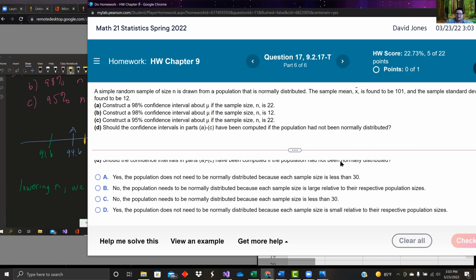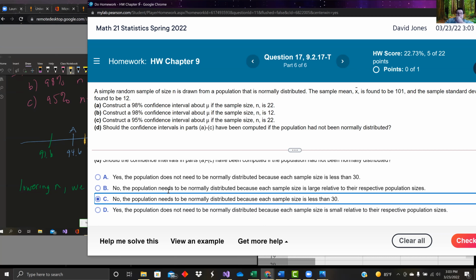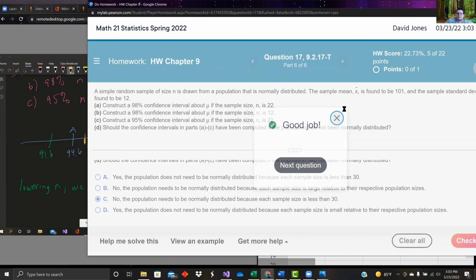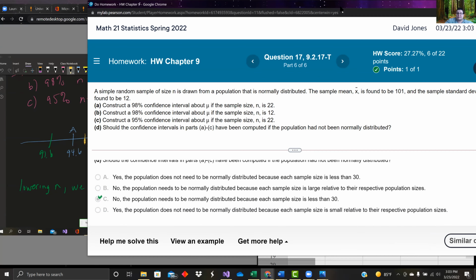And without the data, we can't do either of those. So we should say no, the population needs to be normally distributed. Since we can't do the check, we need that. And that's it.